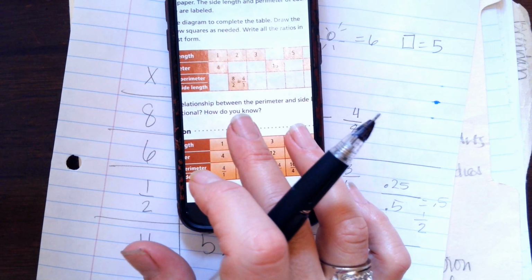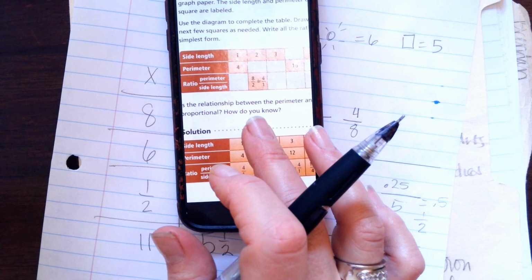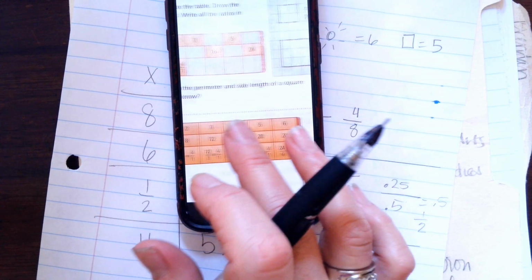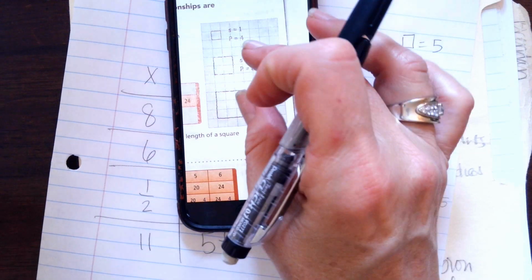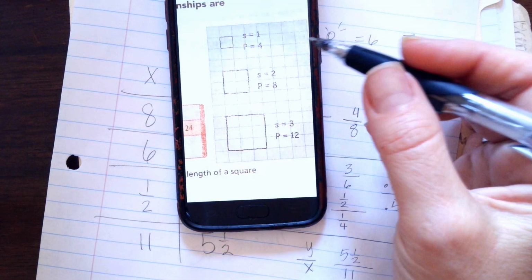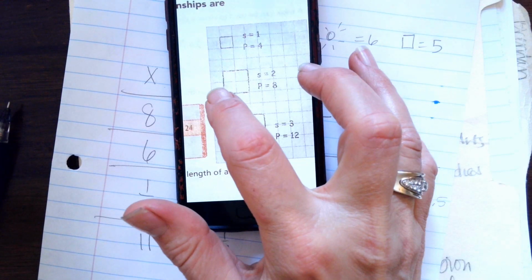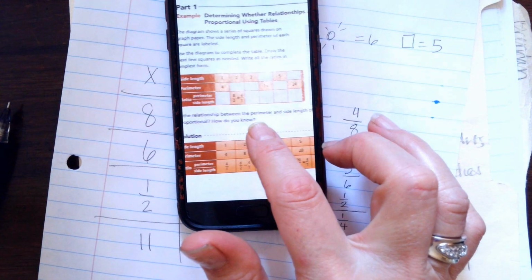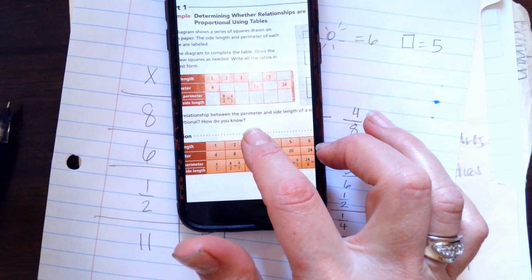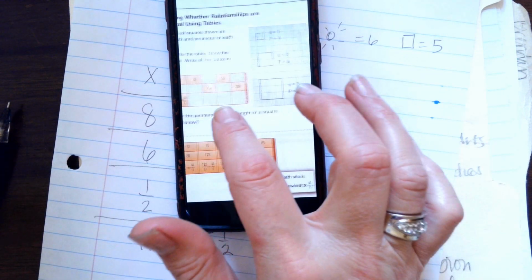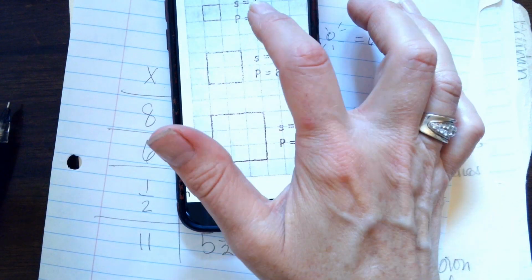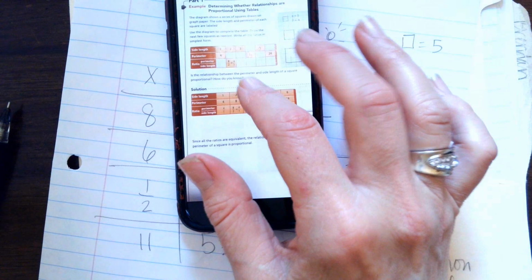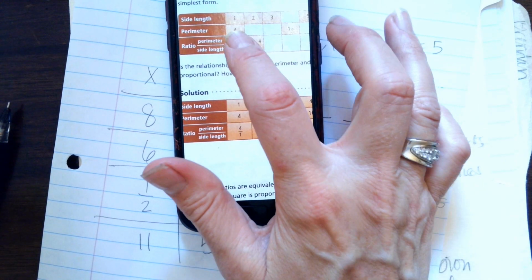So they're basically telling you that this side right here, I don't know, can you see that? This side right here, the length is 1 and the perimeter is 4.